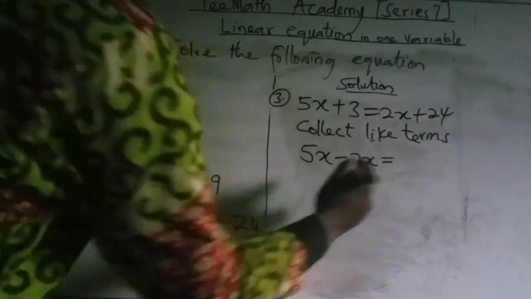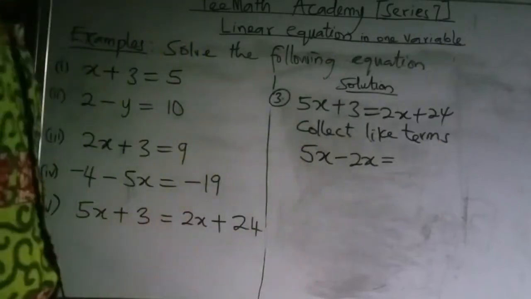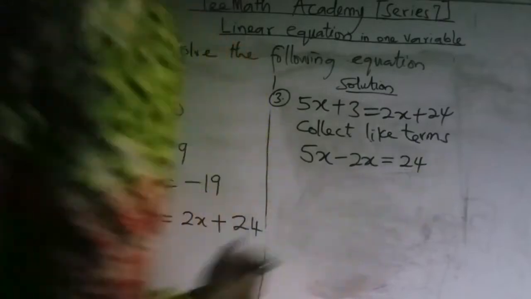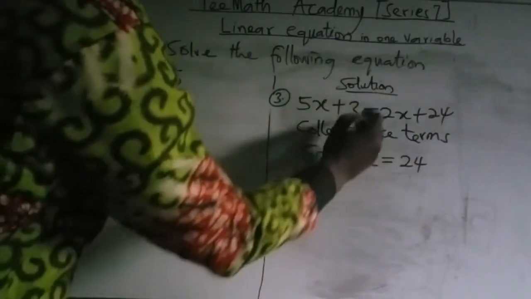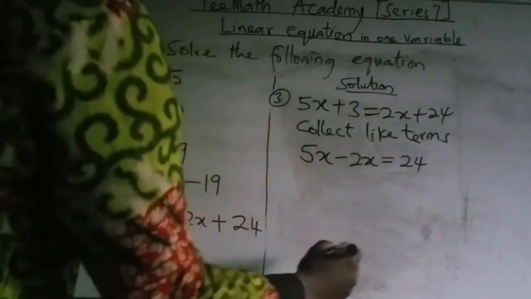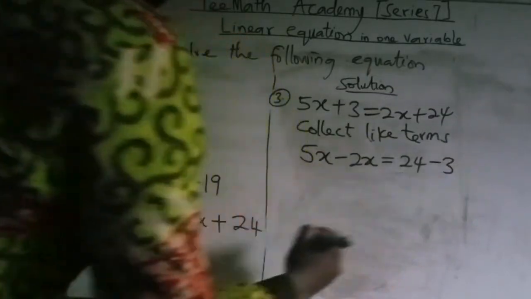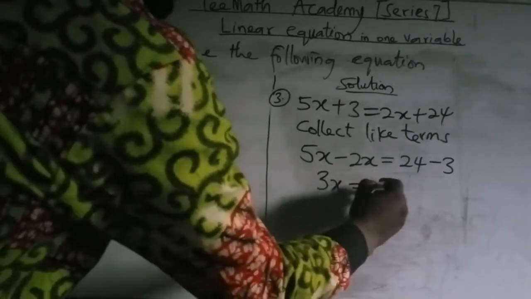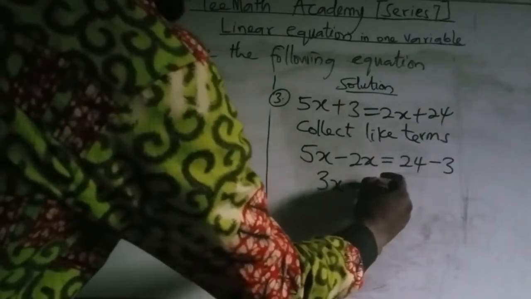It is equals to, for the number now, this is the landlord, not this one. It is this one that is moving. This one is on this side, this is the boss. That is what? 24. Okay, and this 3 must go there and it's positive. Crossing this sign, going to the other side becomes minus what? 3. So 5x minus 2x, that's what? 3x equals to 24 minus 3, that is 21.